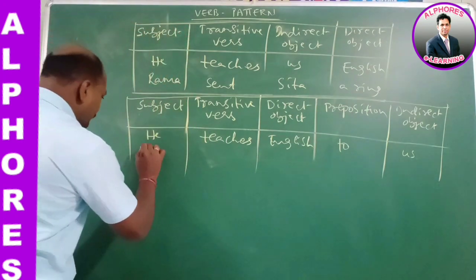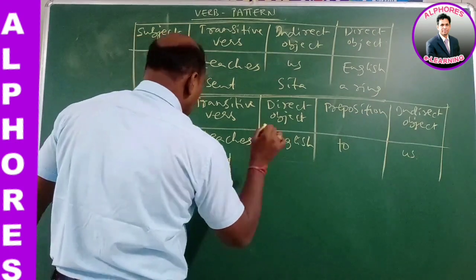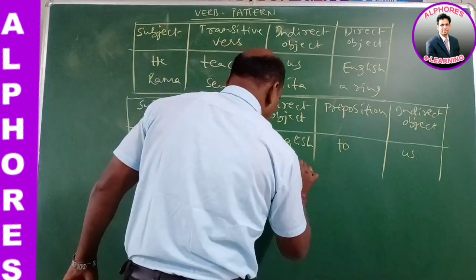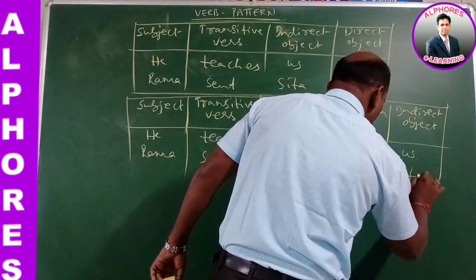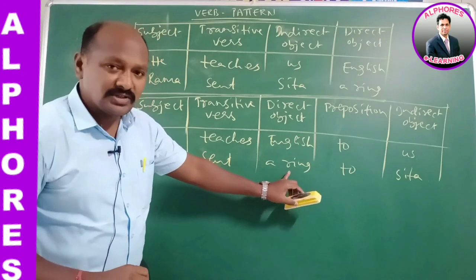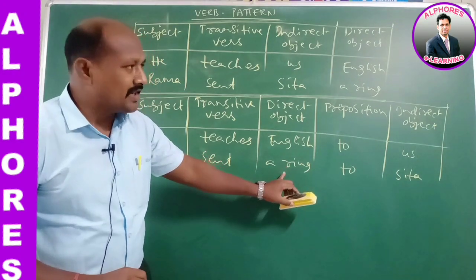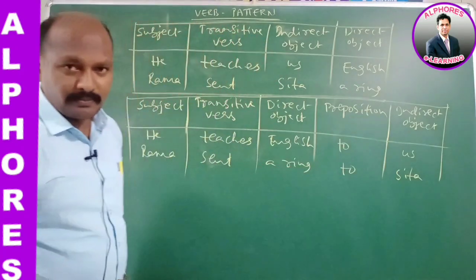The other one: Rama sent a ring to Sita. Here, a ring is a thing, that's why it is a direct object. When it comes first, in between that and the indirect object, there is a space for a preposition.